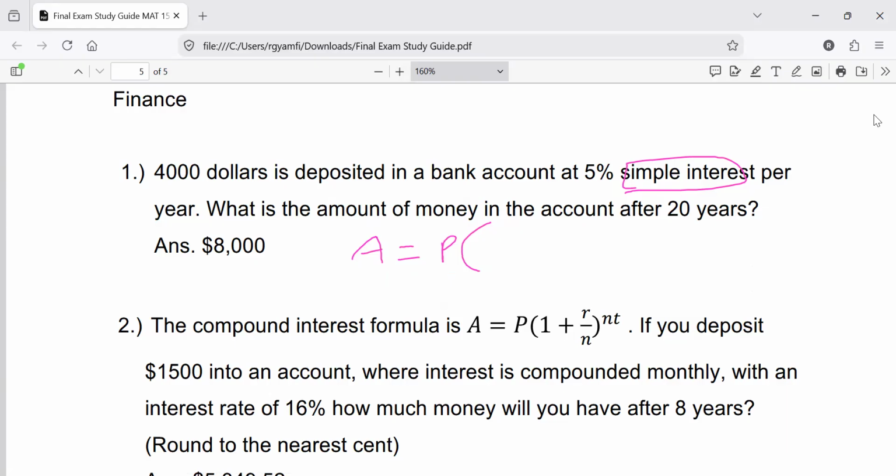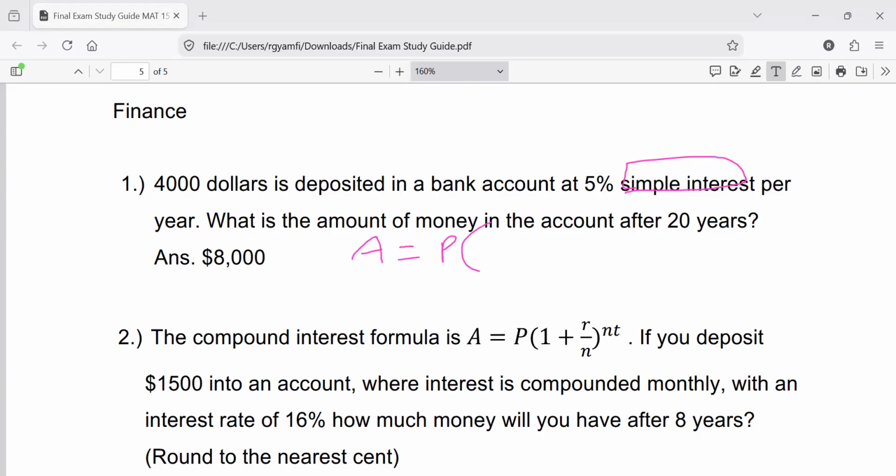So forget about that formula for a second and let's just use the simple interest formula. I think that on the exam, the problems will give you the formula, so you don't have to worry about it. So the formula is P times 1 plus RT in parentheses.